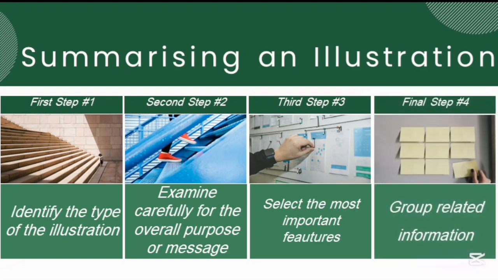To ensure a smooth and coherent summary, cluster related data points together. Avoid jumping back and forth between subjects or trends. Instead of writing about the 2005 sales peak, then the 1990 decline, and then the 2010 peak, group the major peaks together and the major declines together to make it clearer and have a logical flow.